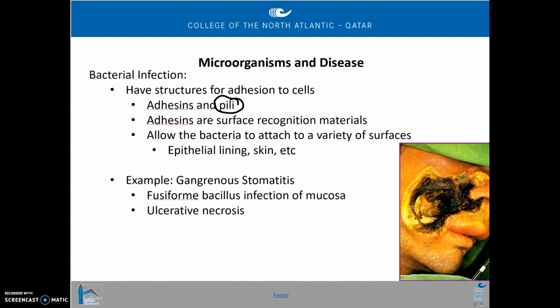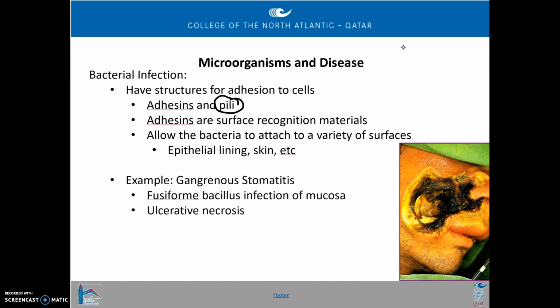Now, another thing they have are these compounds, or generally proteins. We call them adhesins. It's pretty close to the word adhesion. What adhesion means is to stick, and that's exactly what these proteins do.